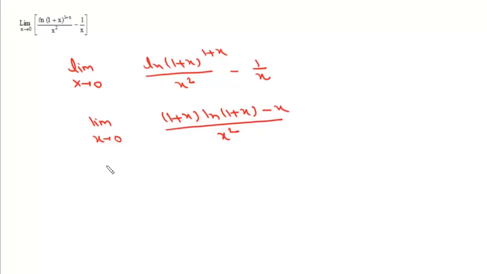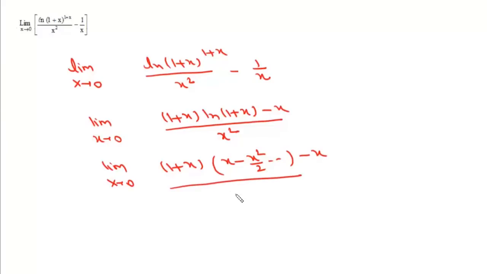Now we'll use the expansion for log 1 plus x. So it will be limit x tends to 0 of 1 plus x, and then x minus x square upon 2, and then minus x upon x square.